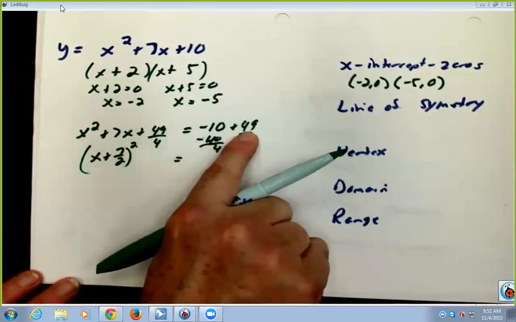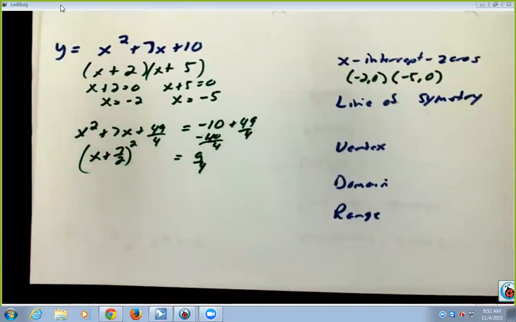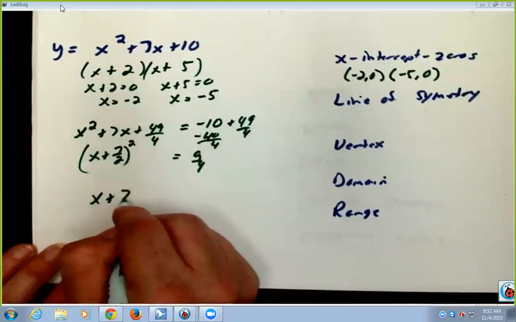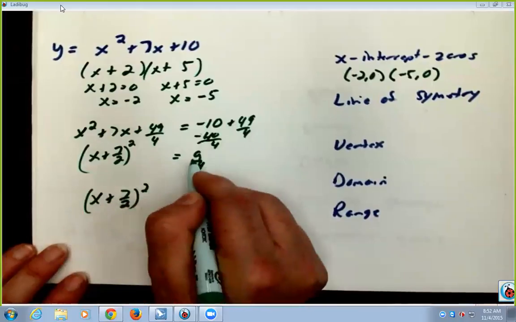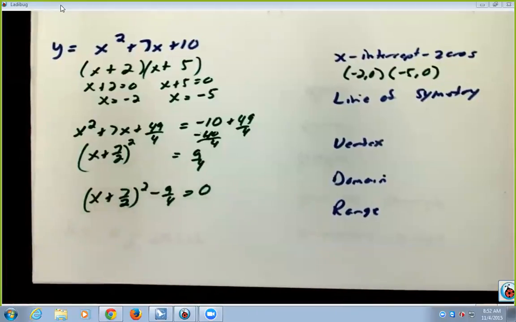Negative 40 plus 49 is 9 fourths. Now, in not completing the square, I'm going to move this back over. So x plus 7 halves squared minus 9 fourths is equal to 0. Now I have all of the pieces I need to find everything else in this problem.